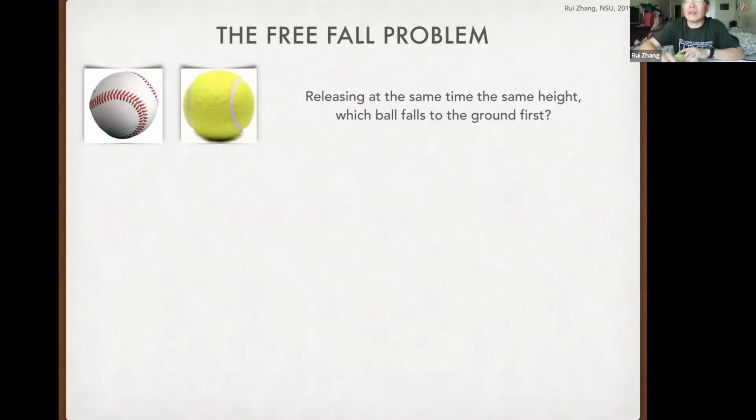They sound the same to me. They sound pretty similar. Yeah, okay. At least for our simple experiment, it sounds like they fall to the ground at the same time.